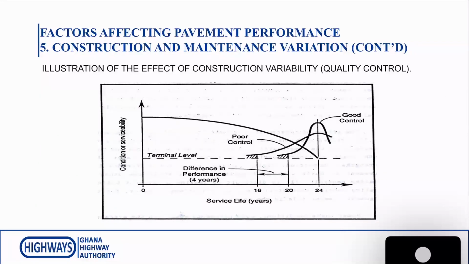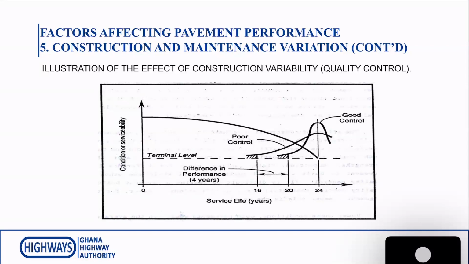The next one is maintenance operations. The variability in maintenance operations is similar to that of construction variation. So what it means is that whilst we are designing a road, we must have in mind that we have to do maintenance.